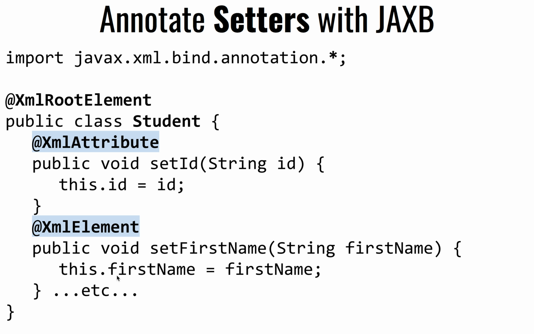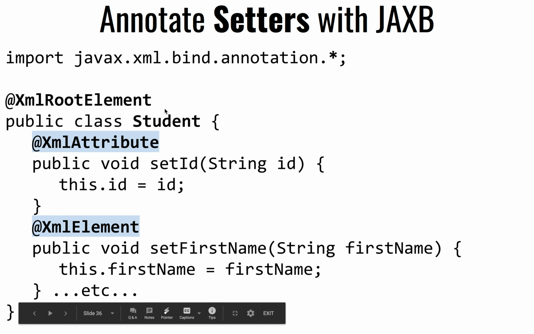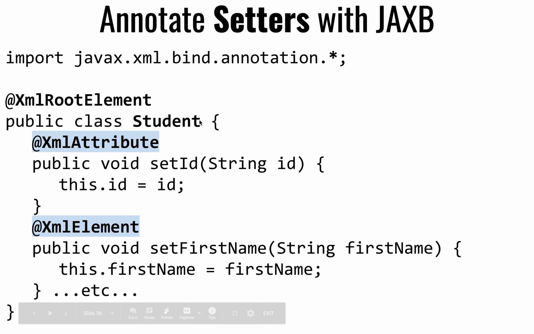So to do that, what we do is we first say that the student is the root element, and that root student element is going to have an XML attribute for the ID. Notice that we are annotating the setters, specifically the methods, not the elements themselves, not the properties like the ID property or the first name property.